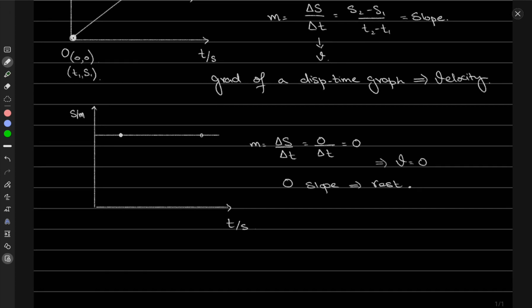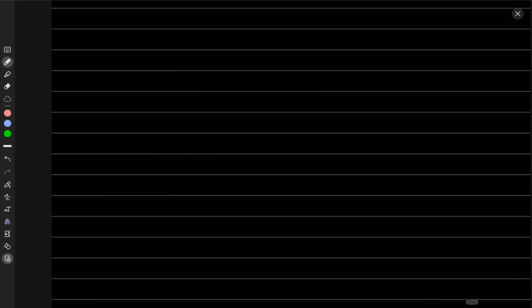Then you could also have a case, let's go to the next page, where I could have an increasing slope. What does that mean? Well, I can draw a picture. Suppose this is your vertical axis and here is my horizontal axis. Again, here I have time, and on the vertical we have displacement measured in meters.